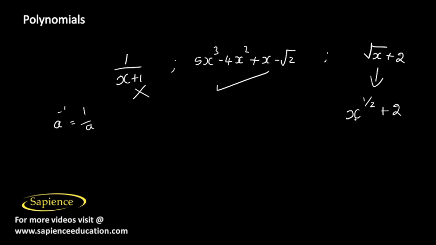So here the exponent of x is 1 by 2, which is not a whole number. We need the exponent to be a whole number to call this a polynomial. So this is also not a polynomial. I hope everybody got a clear understanding of what polynomial means.